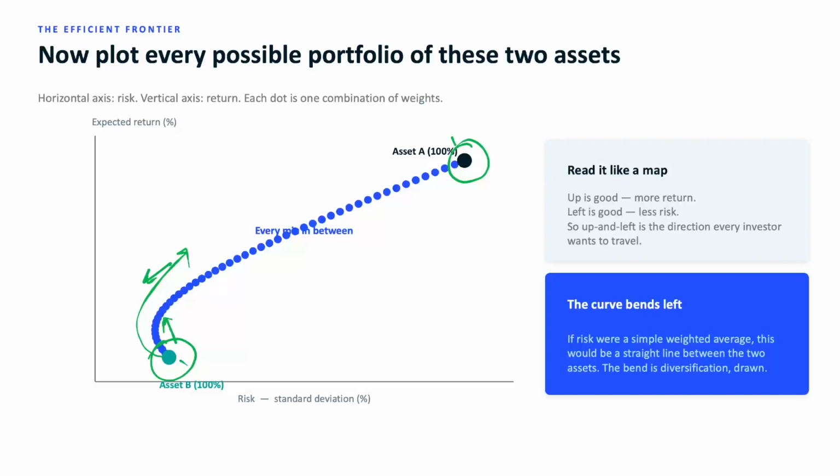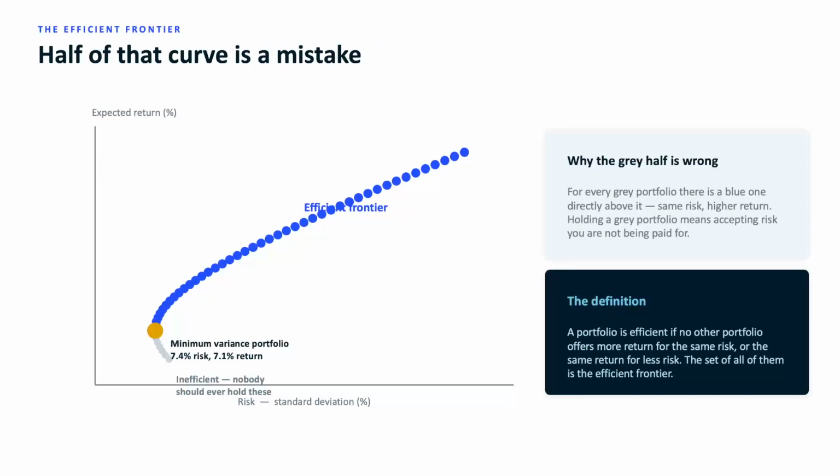Now, at this point, I'll take you to what I call the efficient frontier, and that is the soul of this discussion. Let's be ruthless, because half of that curve is a mistake. Not exactly half, but a lot more than half is just an aberration.